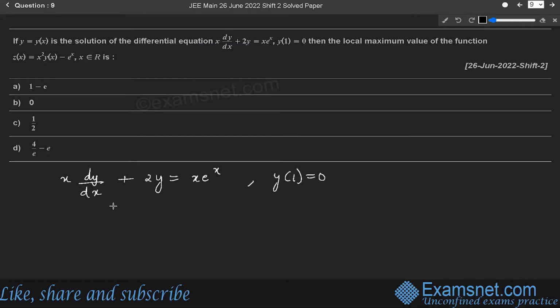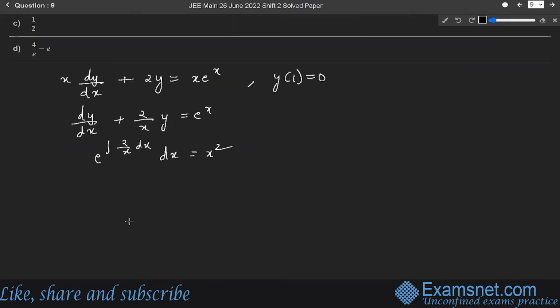The differential equation can also be written as dy/dx + (2/x) y = e^x. Then e^(∫2/x dx) will be equal to x². Therefore, y·x² will be equal to ∫x² e^x dx.